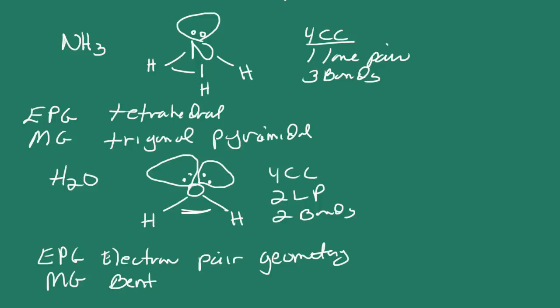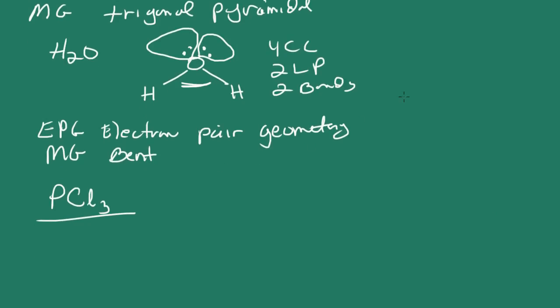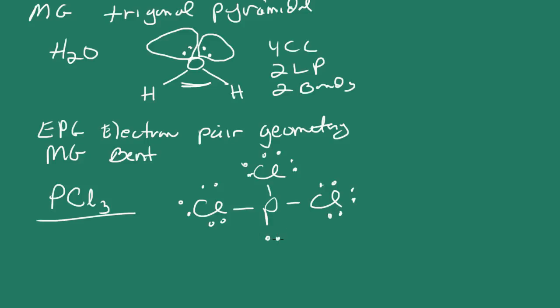So next, we'll take a look at this phosphorus trichloride. Let me just move this up a bit. And so we can draw the Lewis structure for phosphorus trichloride. We did this in the previous video. Go ahead and put my electrons about the chlorines. And let's see, we have one electron pair on the phosphorus.